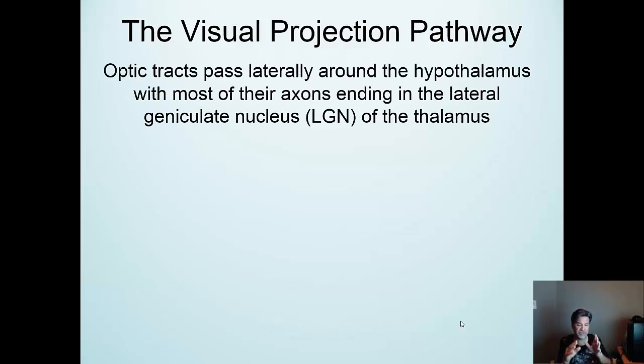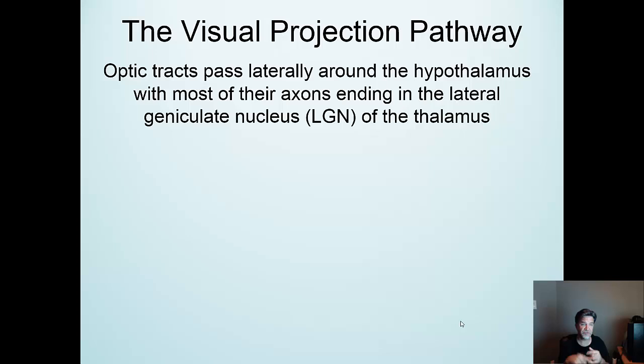Also, we need to mention how the tracts go back. So once we form the optic tract, it's going to go to the thalamus, because remember, all sensory input goes to the thalamus, and vision is no different. Only smell does not go to the thalamus first. And so it will go to a region of the brain called the lateral geniculate nucleus.